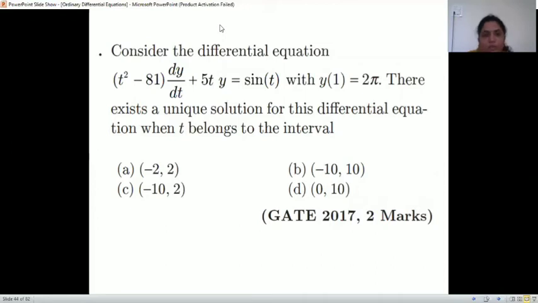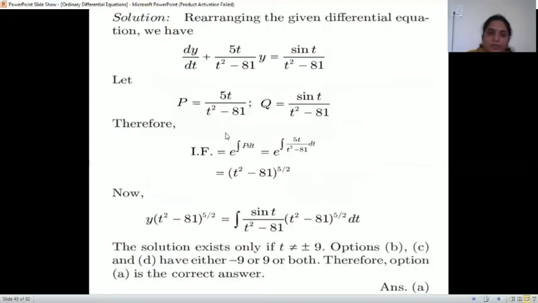So are you able to tell me the interval now? Okay, this is the equation after dividing.